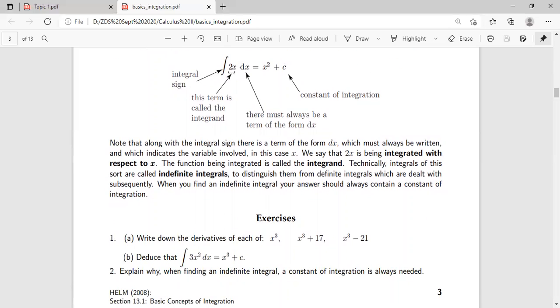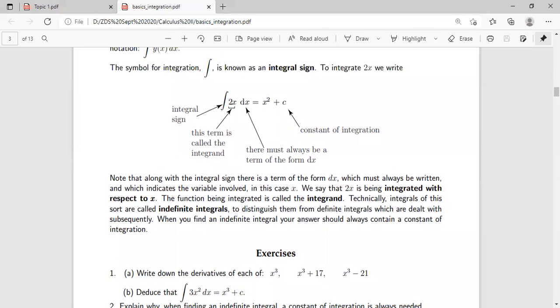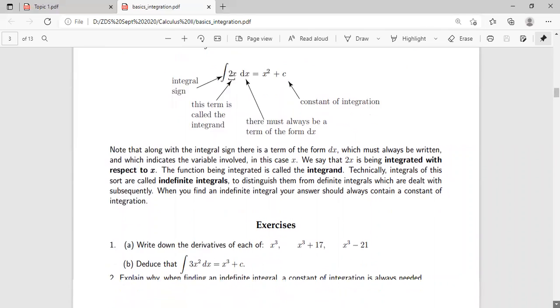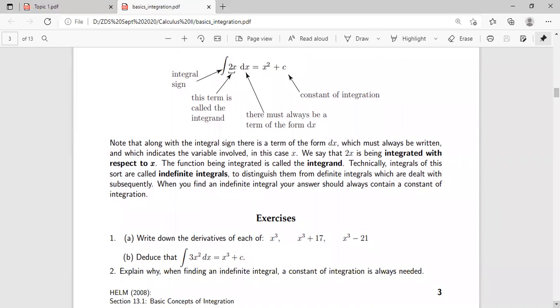So I have an exercise there. We've been asked to write down the derivative of x cubed, x cubed plus 17, and x cubed minus 21. Try to apply what you just covered.